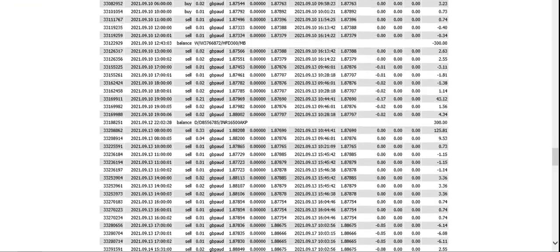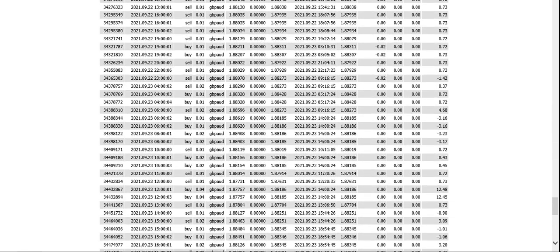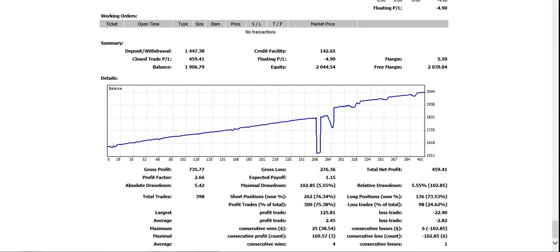See, like we have withdrawn 300, then we deposited 300. This generally creates an impact on the graph, right? You will see the impact over here. I have withdrawn 300, then deposited 300. Okay, so this is because of that.